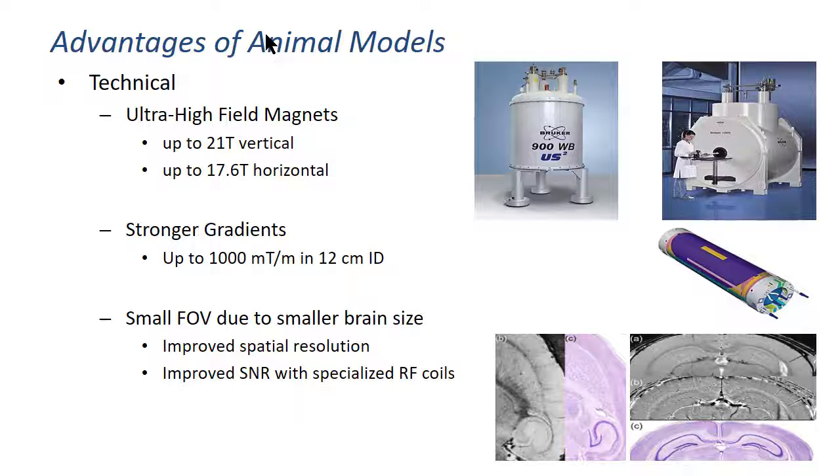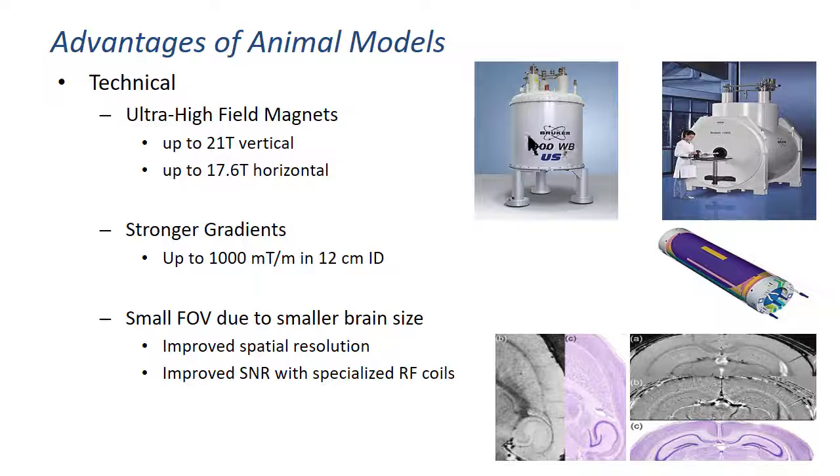So there are lots of advantages of working with animal models, and I would like to start, because of this meeting here, with the technical advantages, which is that we can put the animals in bigger and better toys. On the technical side, magnetic field strengths go up to 21 Tesla in the vertical direction or 17.6 Tesla in the horizontal direction.